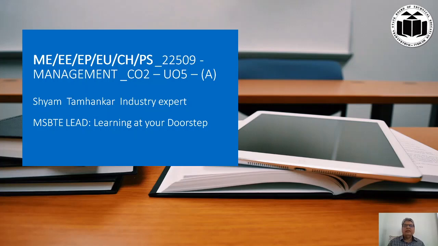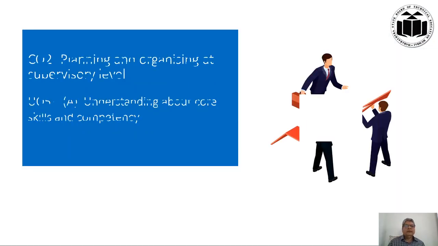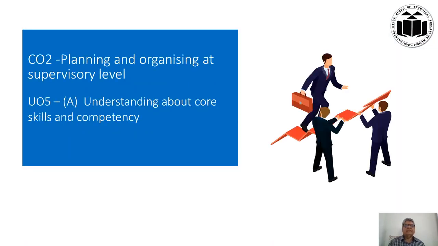Here we are going to deal with course outcome 2, unit outcome 5, part A of the subject management, code 22509. Here in this unit we will discuss understanding the core skills and competency.